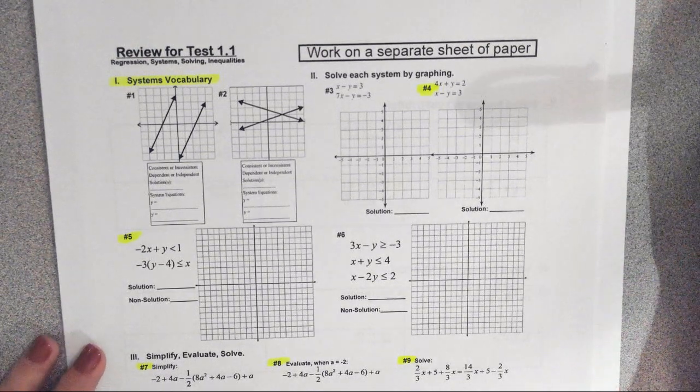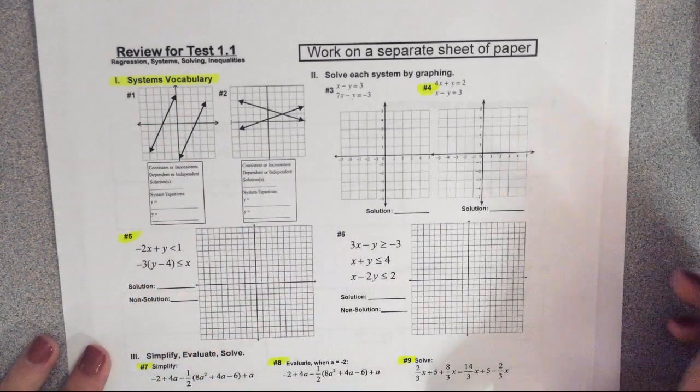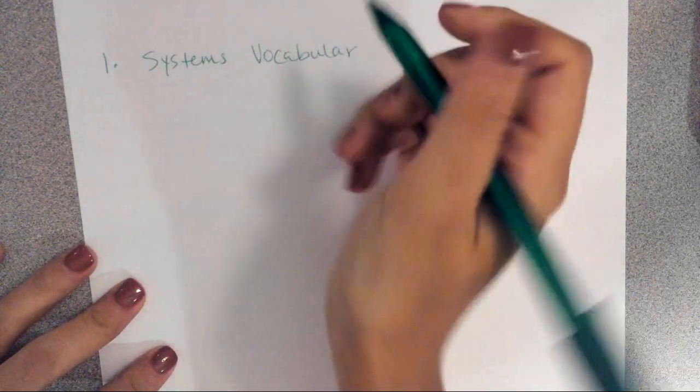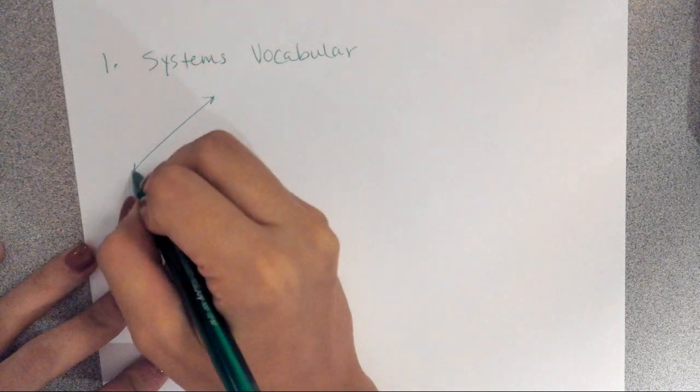So the first thing on your test that you need to know is the systems vocabulary. Let's go over all the different scenarios. So this is section 1, systems vocabulary. We have 3 scenarios that I always tell my kids.